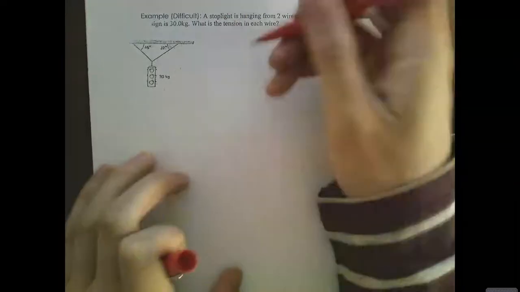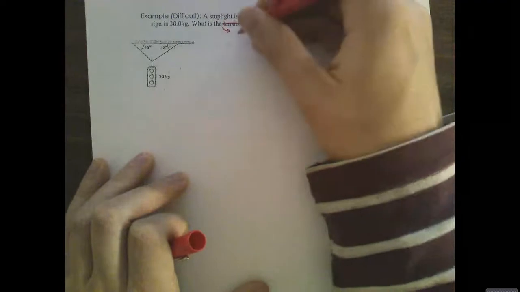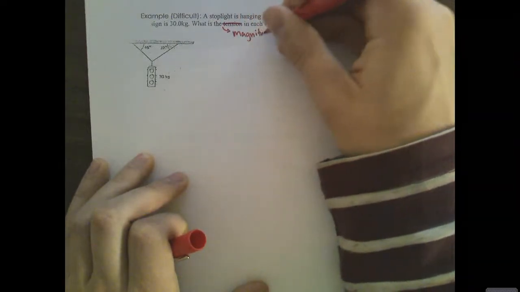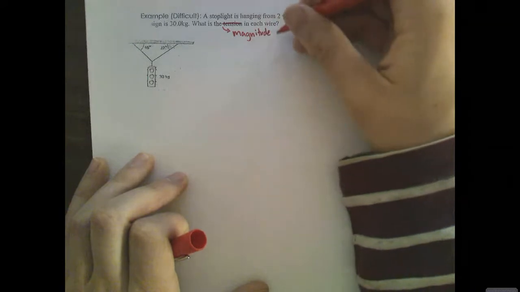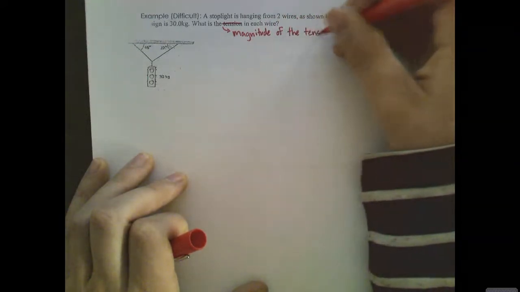So a stoplight is hanging from 2 wires as shown below. The mass of the sign is 30 kilograms. What is the tension in each wire? And I actually want to make a slight adjustment to the question here. This actually should say, what is the magnitude of the tension in each wire?